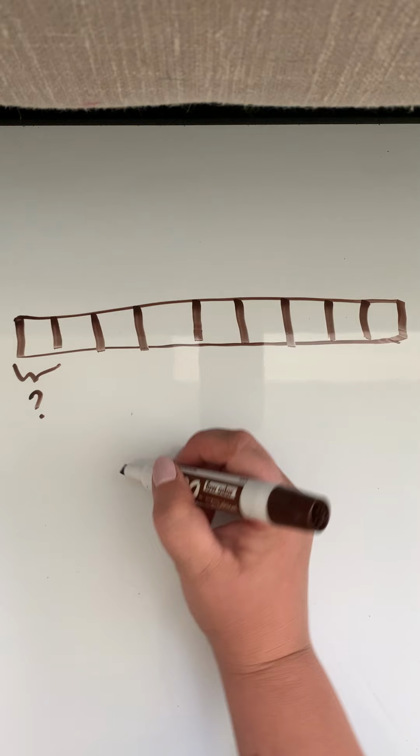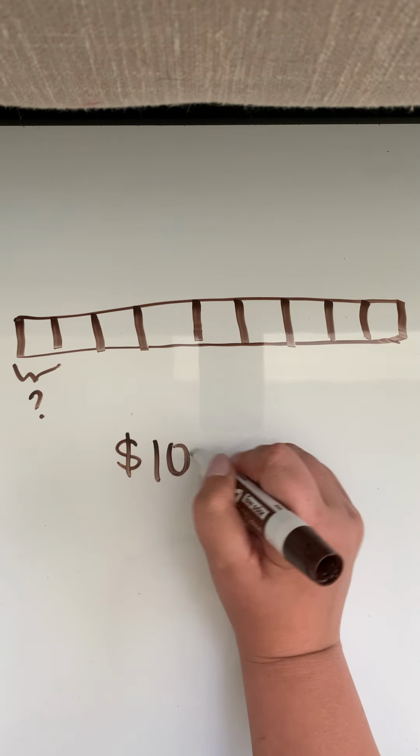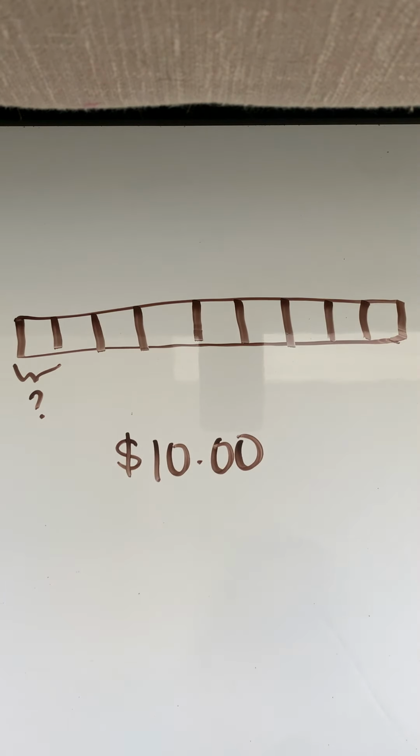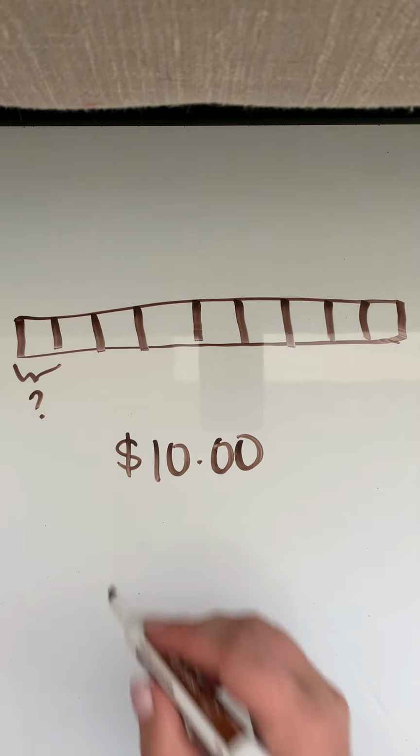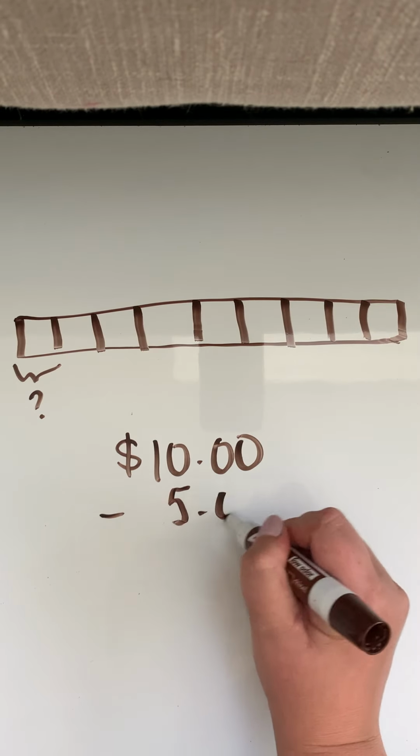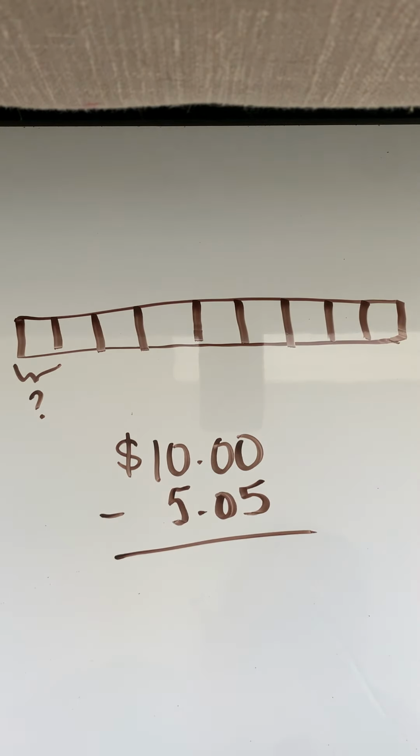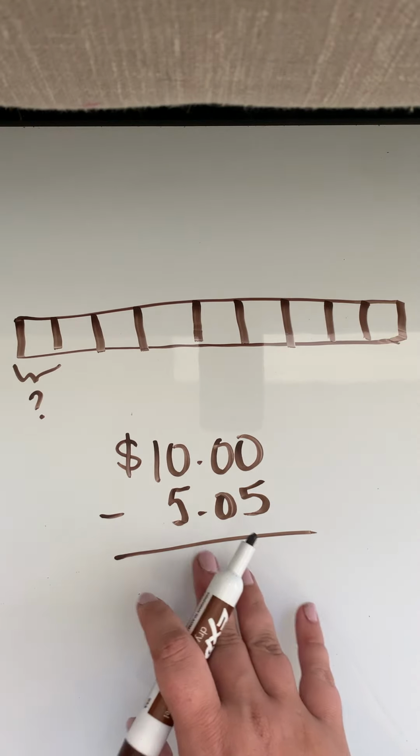All right, so she gave the cashier $10. And it says that she received $5.05 back. What was the cost of one notebook? Okay, so we've got to figure out what this would equal.